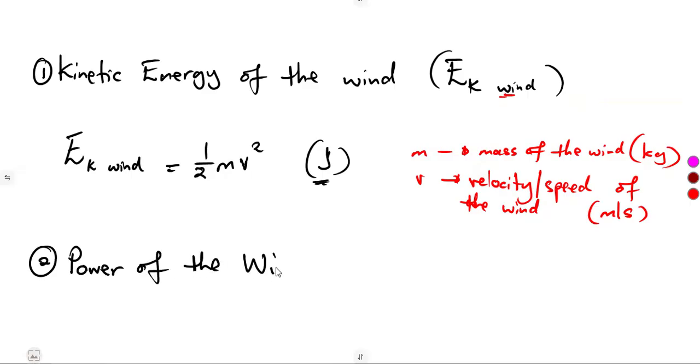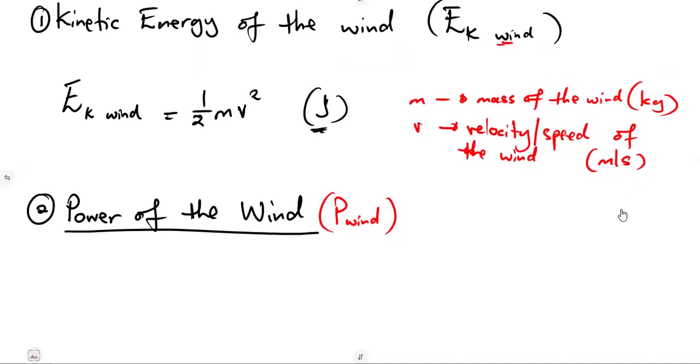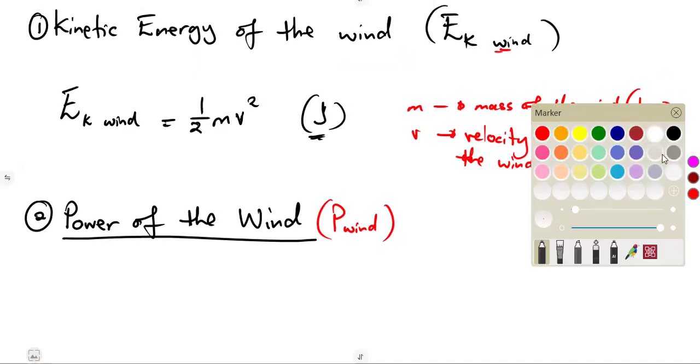I'm going to write this as P wind, or just PW for wind. So this wind power, or the power that is generated, can be determined.